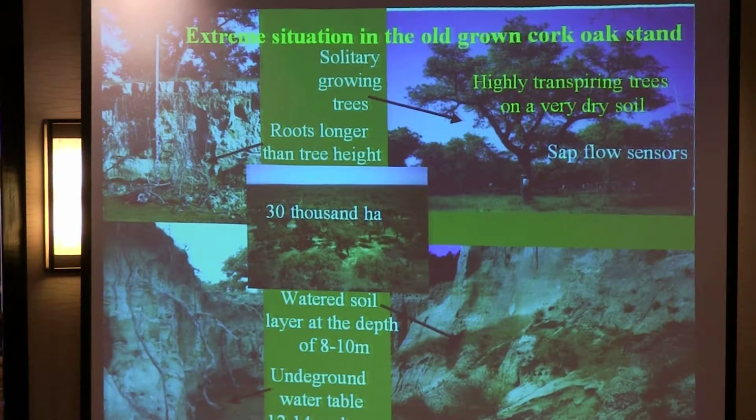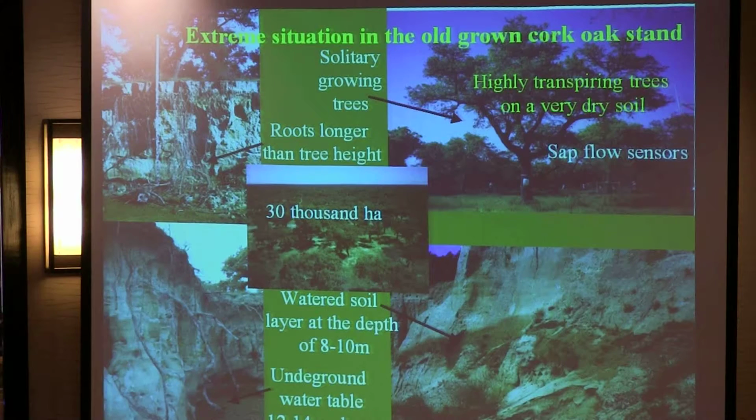Well, once we measured Quercus suber in southern Portugal, in an area which was green in the springtime but became dry during the next 2 months. During summer it was completely dry with no plants surviving, but the trees were transpiring a lot of water.